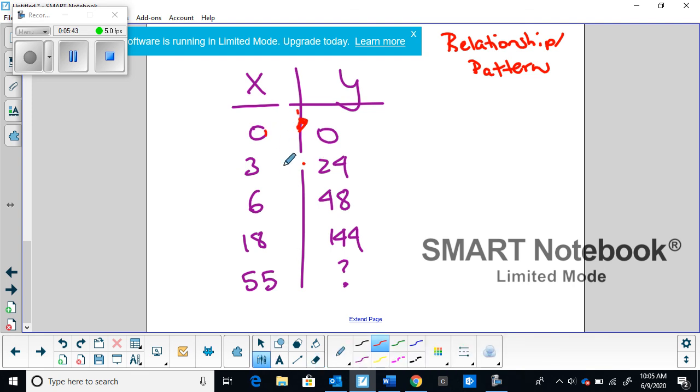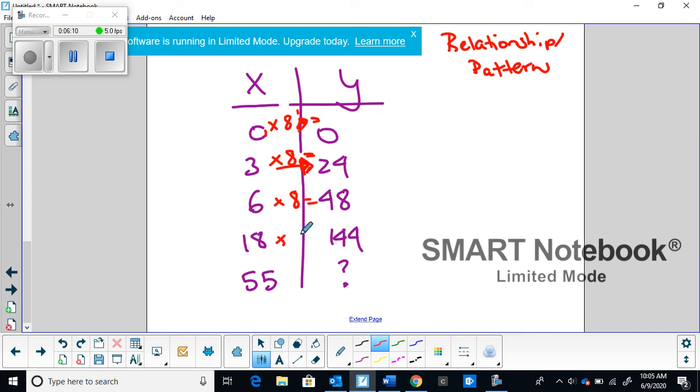So let's try something else. How else do I get from 3 to 24? Maybe we can use some multiplication or division. We can use multiplication, addition and subtraction. We're just trying to find a commonality. So 3 to 24, well, 3 times 8 gives me 24, correct? Let's try it at the top. 0 times 8 is going to give me, oh, it does give me 0. That works. Let's try the next one. 6 times 8 is going to give me 48.